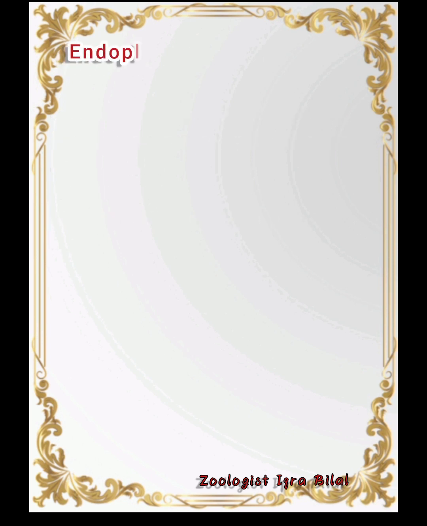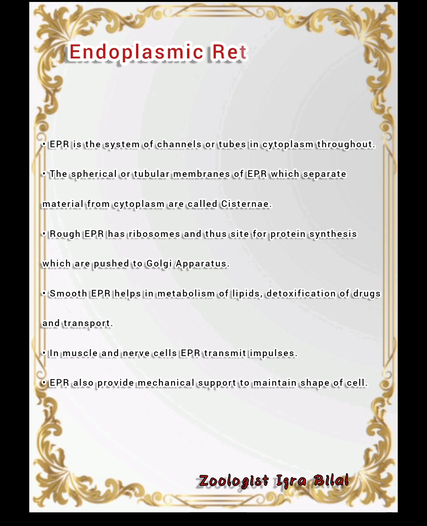Endoplasmic reticulum. Endoplasmic reticulum is a system of channels or tubules in the cytoplasm throughout, and it may spread from plasma membrane to nuclear membrane. The spherical or tubular membranes of endoplasmic reticulum which separate material from cytoplasm are called cisternae.